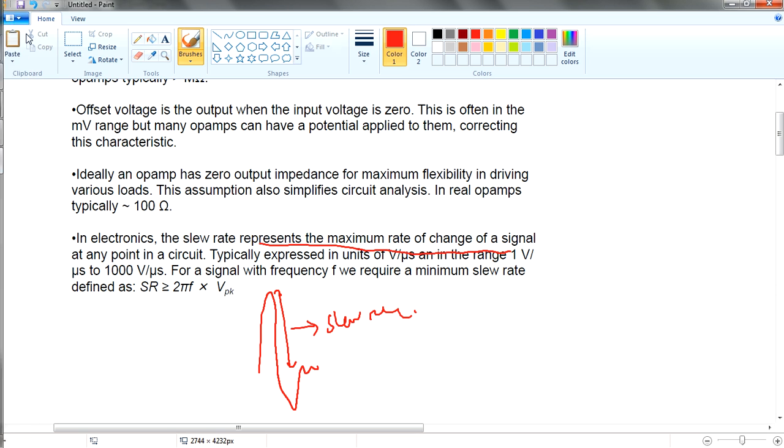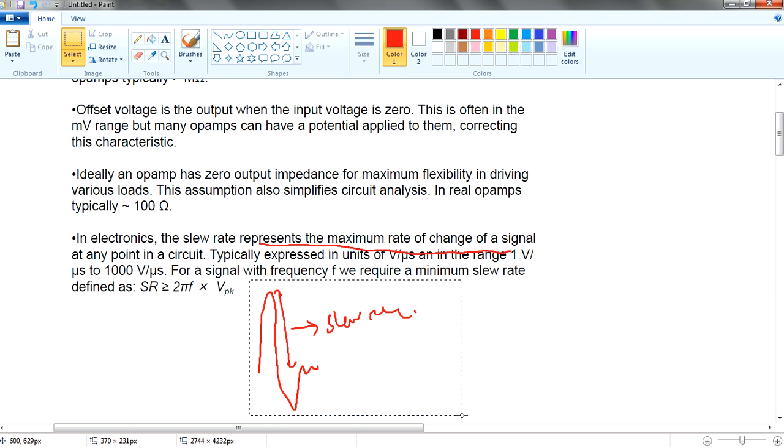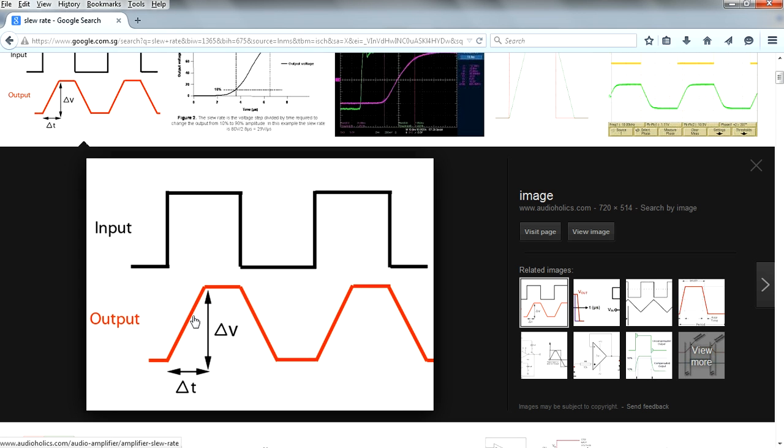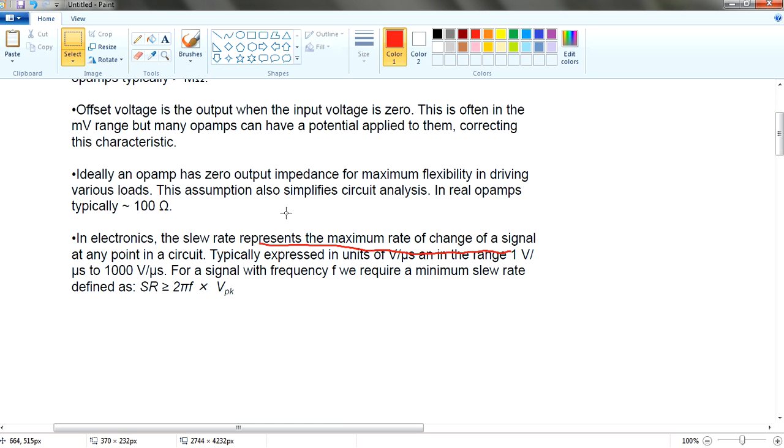Okay, so just cancel this loop. So it is the change in this thing divided by time. You take this one and then divide by time. Alright, so it is typically expressed in volt per 10 to the negative 6 seconds.